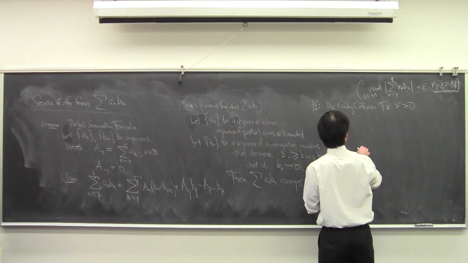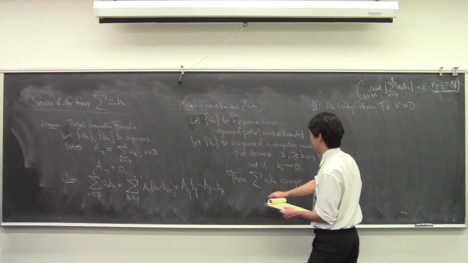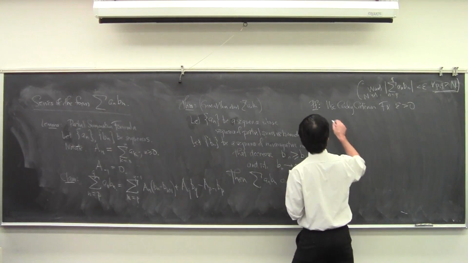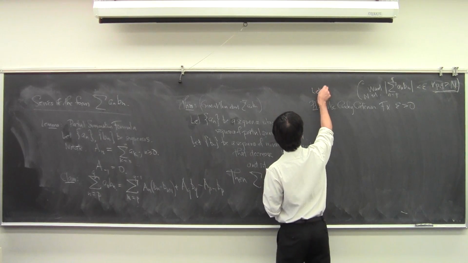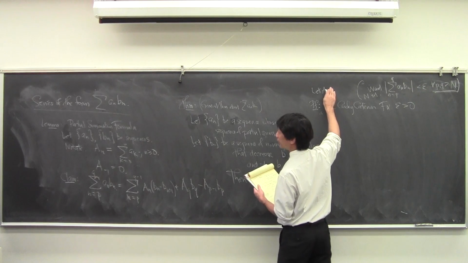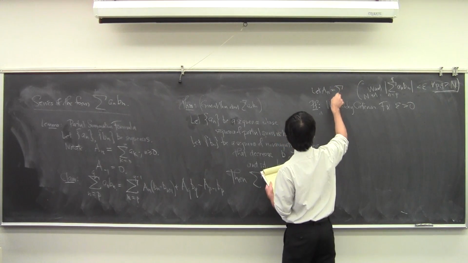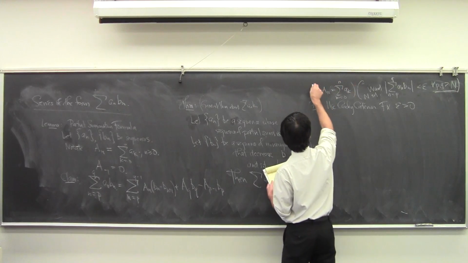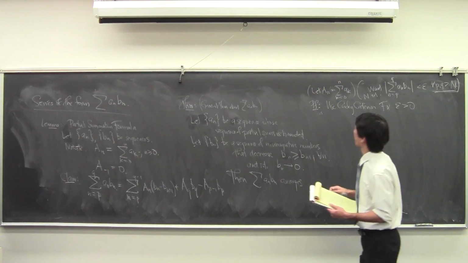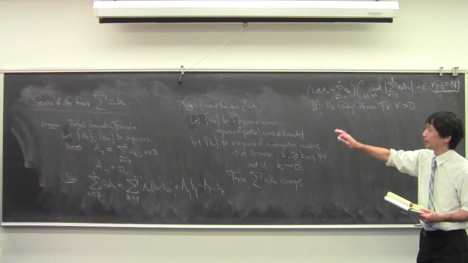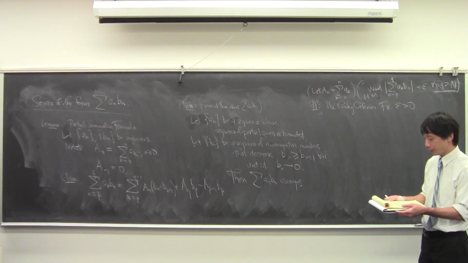So again, we're going to use the same notation. Let A sub n be as before. A sub n is the partial sum from k equals 0 to n, as we did before in the partial summation formula.